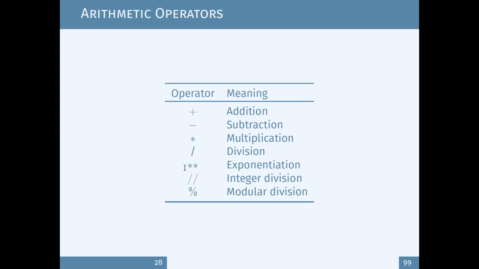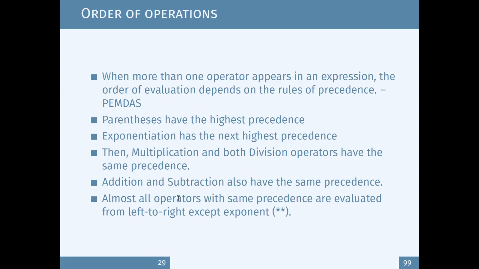And then this is called exponentiation, which means power of, this is integer division, and this is modular division. Operator precedence is also important, and these rules should be followed when you're evaluating. For example, multiplication and division have the same priority, so if you have a situation like this, usually you go from left to right, identifying which comes first.